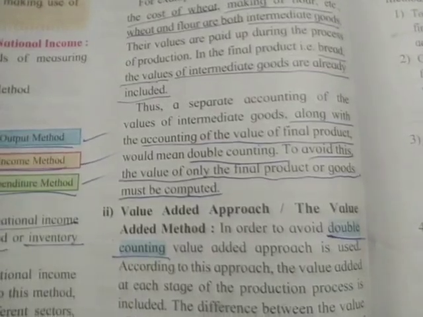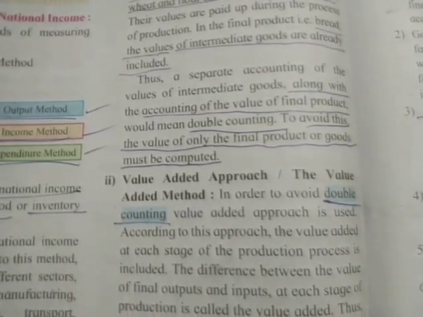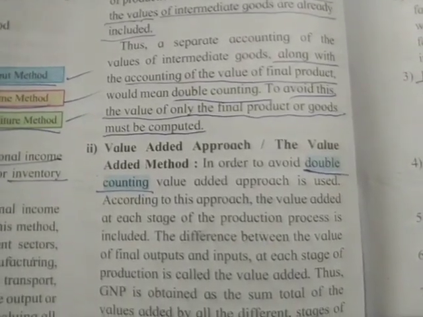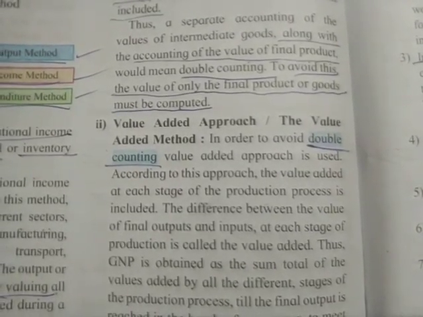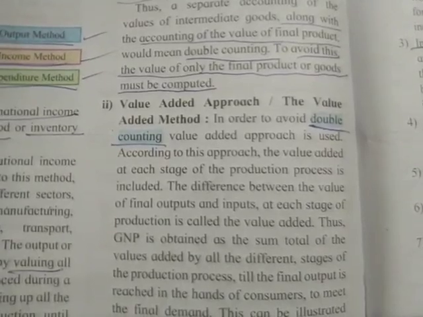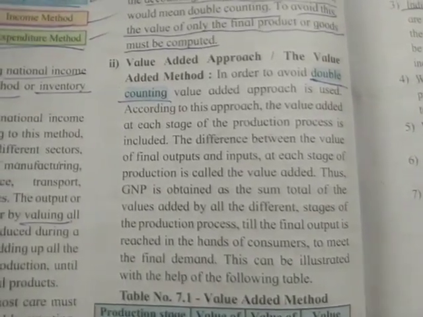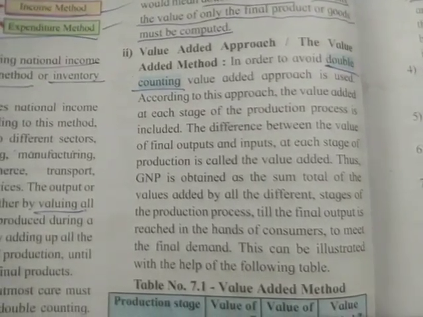Their values are paid up during the process of production. In the final product, which is bread, the value of intermediate goods are already included. Thus, a separate accounting of the value of intermediate goods along with the accounting of the value of final product would mean double counting. To avoid this, the value of only the final product or goods must be computed.